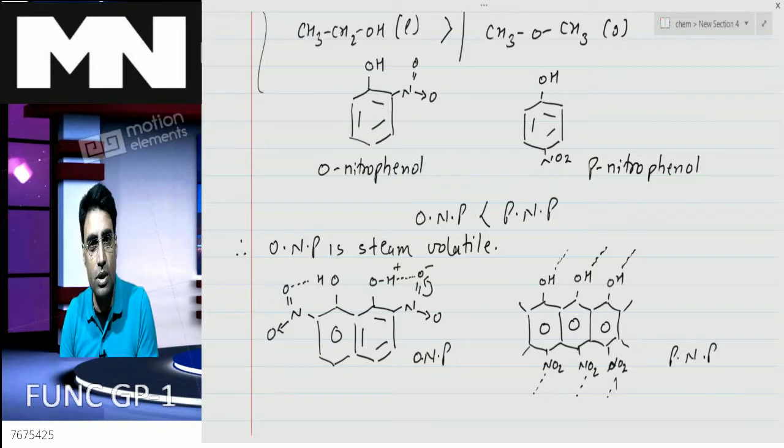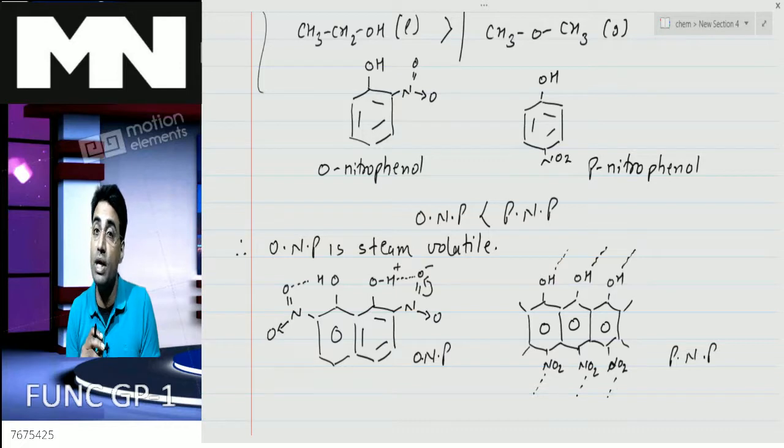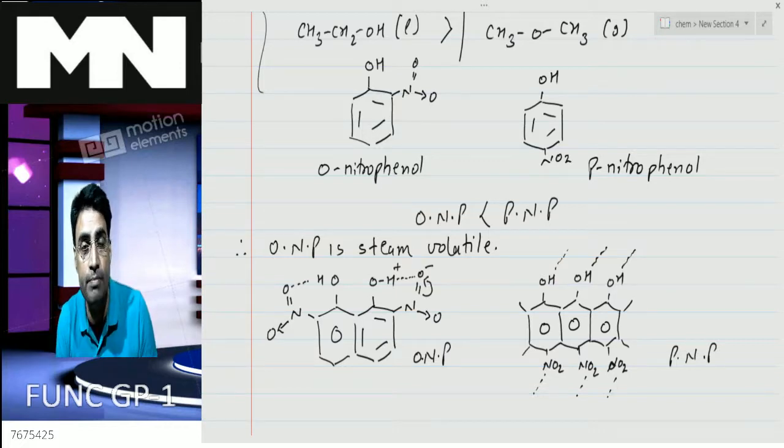So we have seen that because its boiling point is lesser, that's why it is steam volatile, and its boiling point is lesser as compared to para-nitrophenol because it does not have intermolecular hydrogen bonds. Para-nitrophenol, which has a large number of intermolecular hydrogen bonds, will have a higher boiling point because it is difficult to break these intermolecular hydrogen bonds.